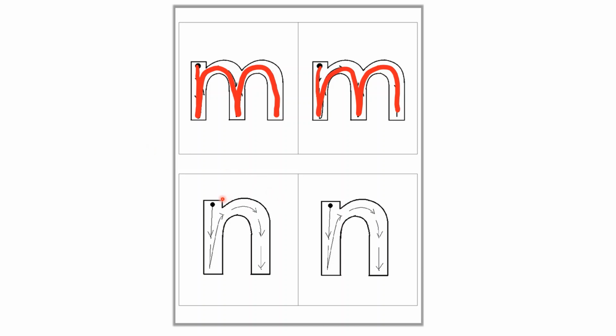We are going to start again with the black dot. Now we are going to trace one more time. Are you done tracing on N? Great, good job, you did it.